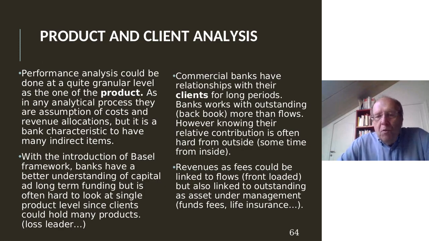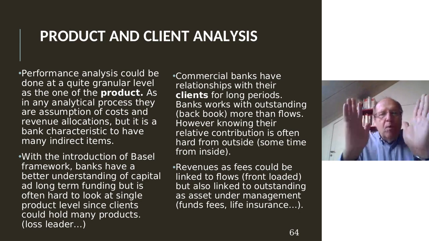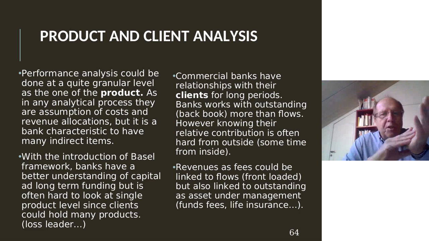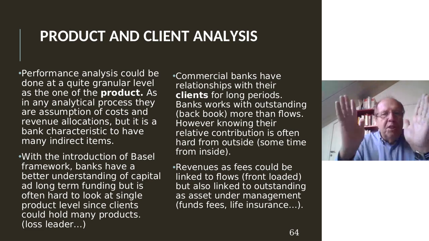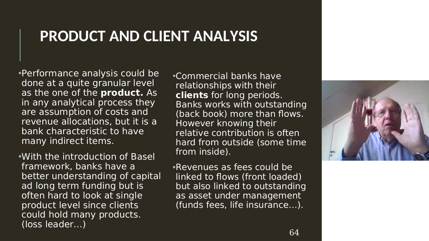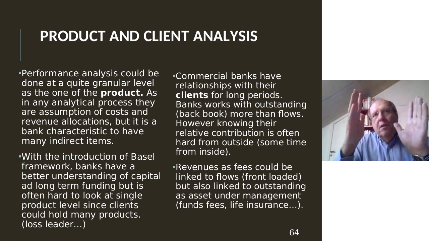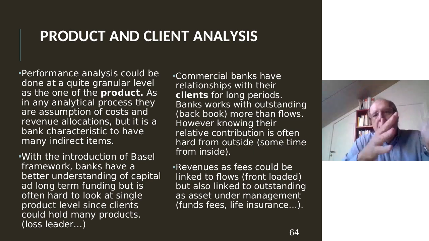Another way to look at the performance and to be quite focused on the strategy of a bank is to look at the revenue per product and the revenue per client. And it could be quite interesting, if your client has many products, to have both visions.